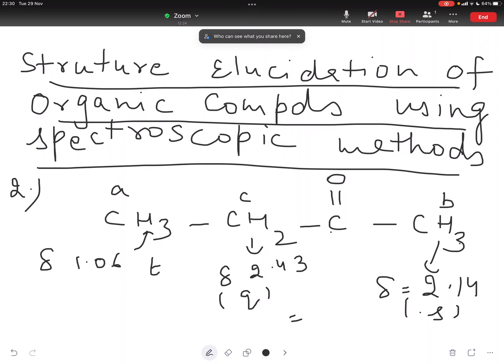The A protons are splitting the signal due to the C protons into a quartet. So this is the structure which we solved on the basis of IR and NMR.